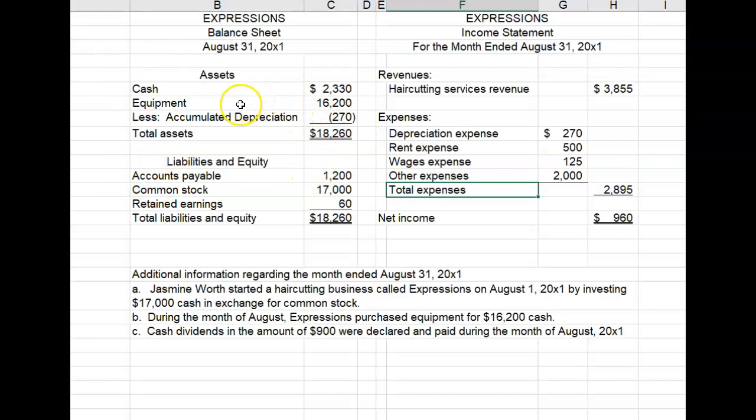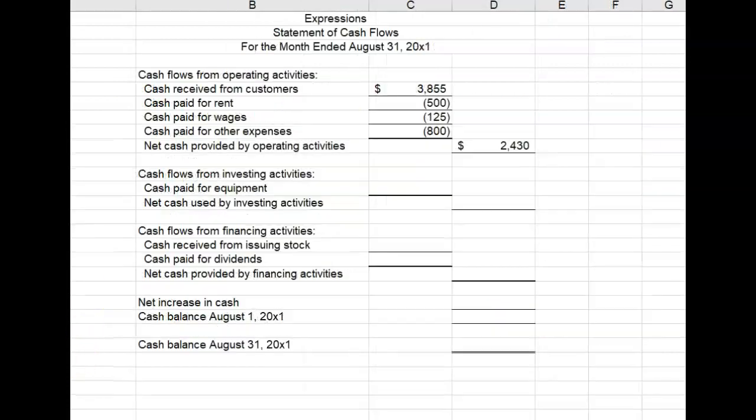So you have to go into your additional information and look to see if this increase in equipment came about as a result of purchasing equipment for cash. And if I look at note B down here, it says during the month of August, Expressions purchased equipment for $16,200 cash. So we paid $16,200 cash for the equipment. And that goes into our investing section.